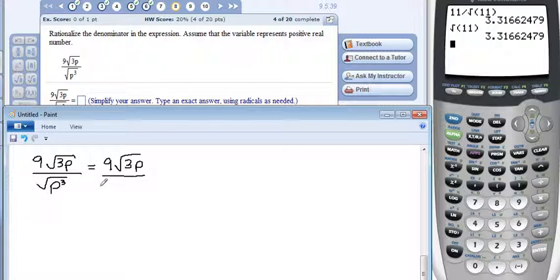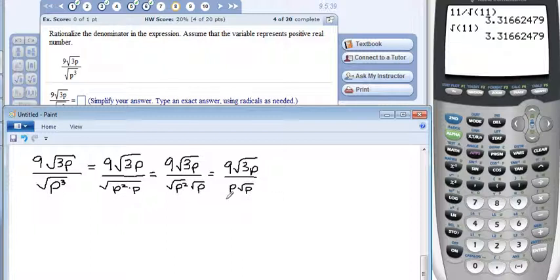But this right here is p squared times p, right? And then I can split, and I can pull out the p. That sounds terrible. Pull out the p.